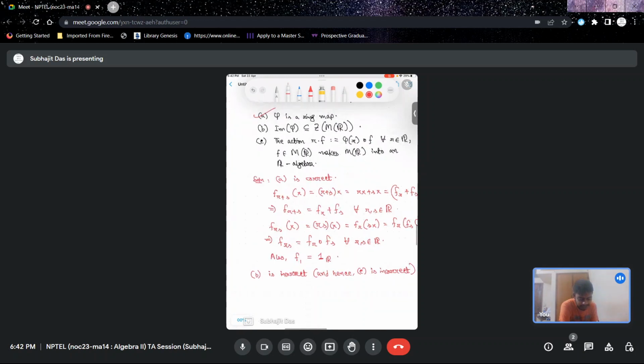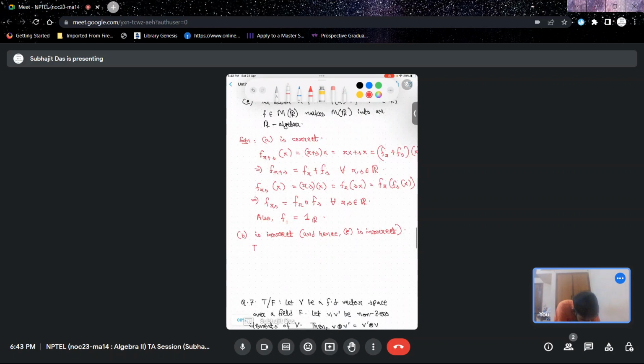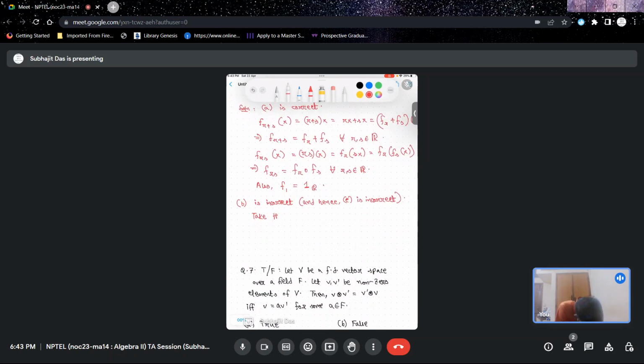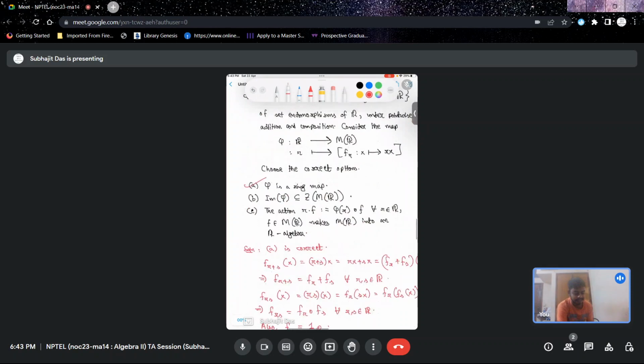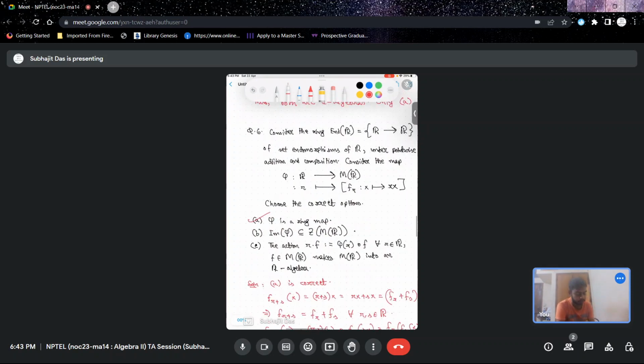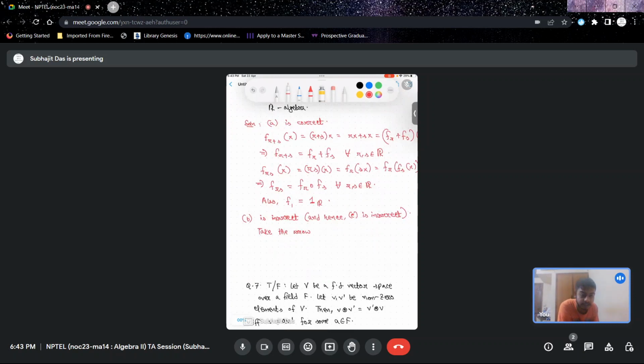Let us check why B is incorrect. Just recall, End(R) is the set of all functions from R to R, that is, mappings of R into R. So take the arrow in the category of sets, take the arrow S from R into R, sending x onto x squared.